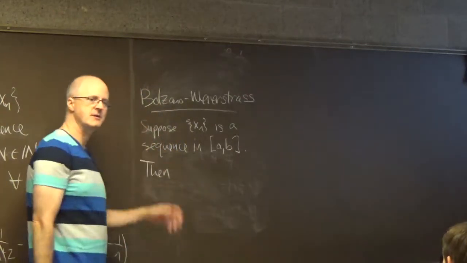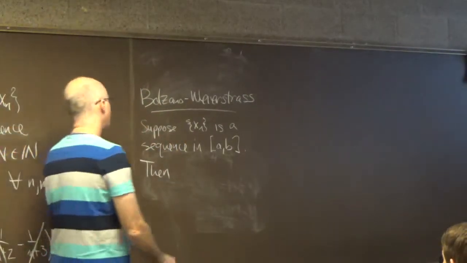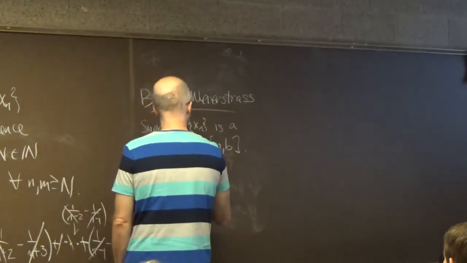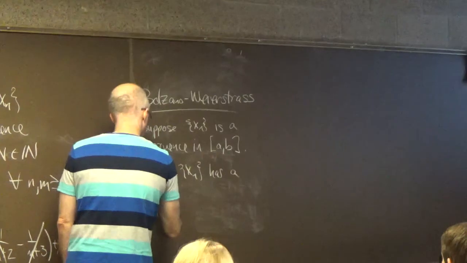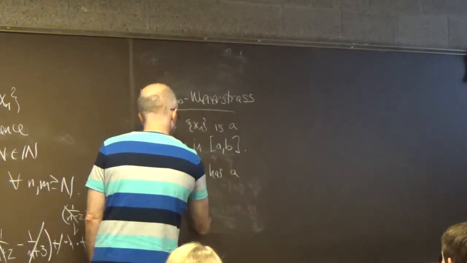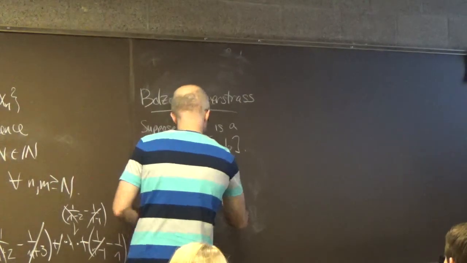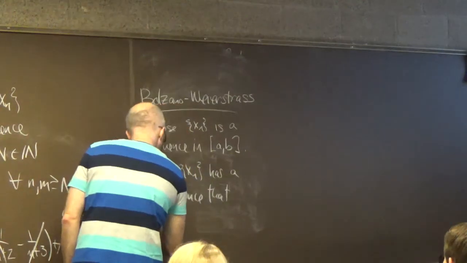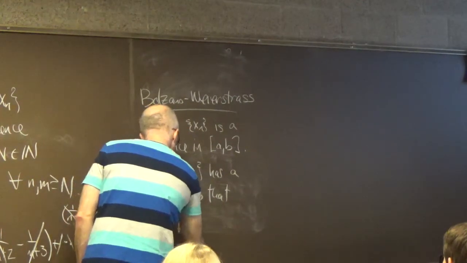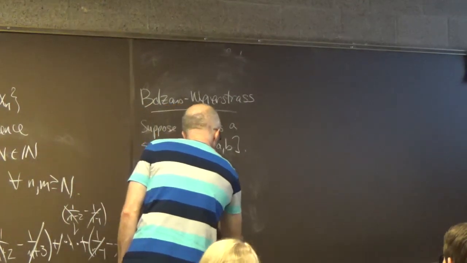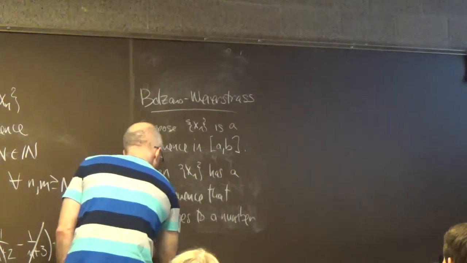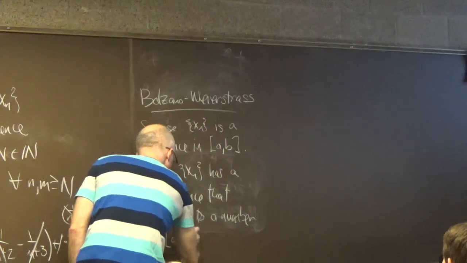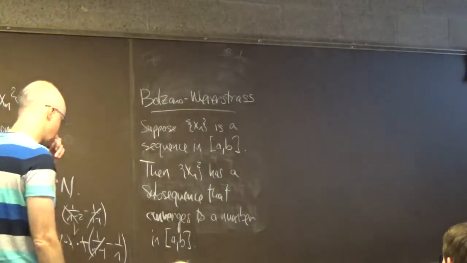Then, nothing about a monotone sequence here, Xn has a subsequence that converges to a number in that same closed interval. It has a convergent subsequence.